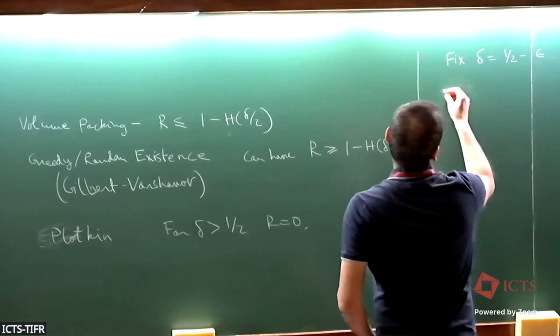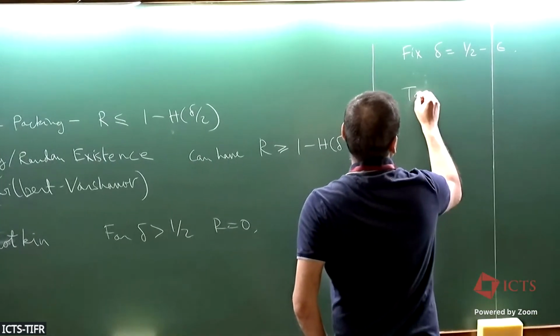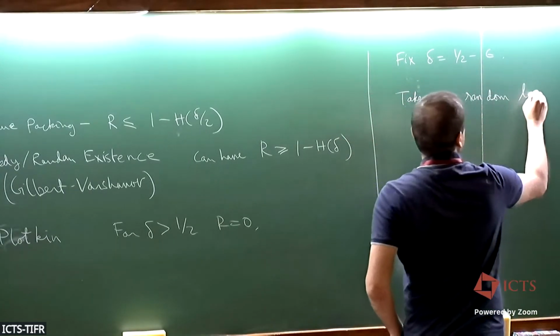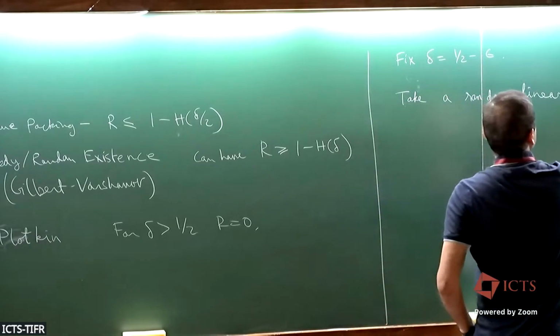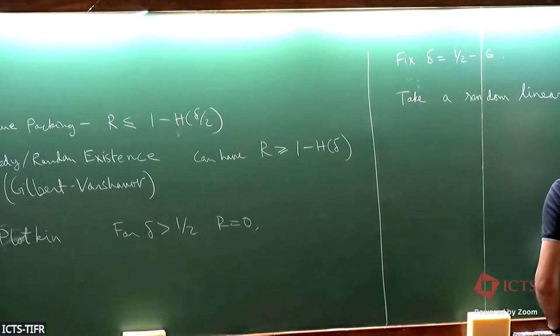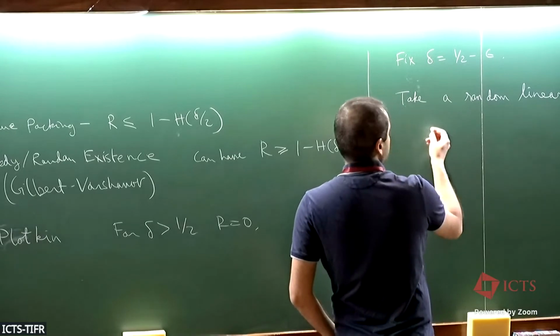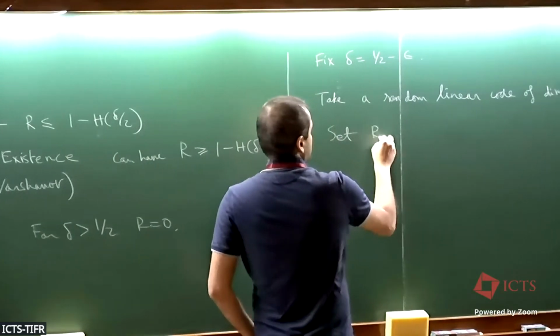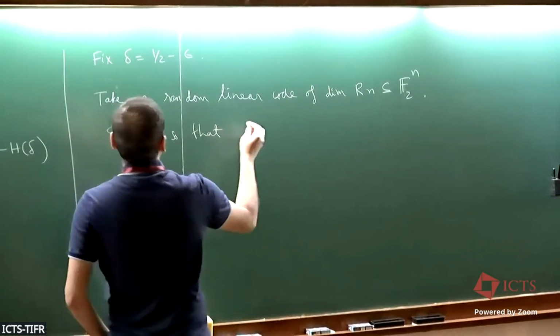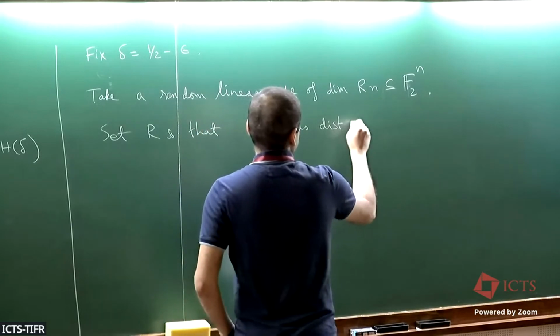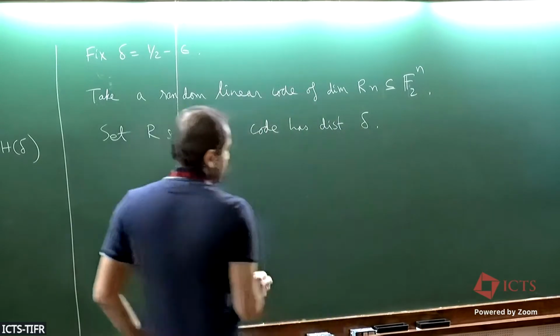And let us take a random linear code of dimension Rn. So this is going to be sitting inside F2 to the n. And let's set R so that the code has relative distance delta. That's what we plan to do.